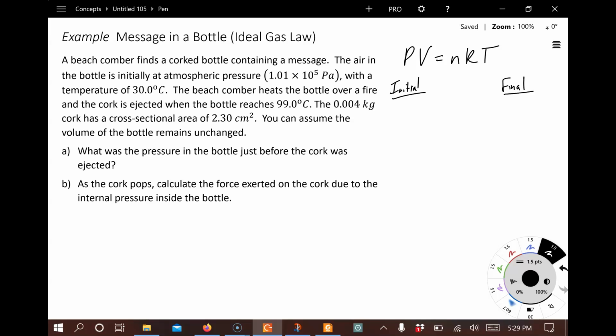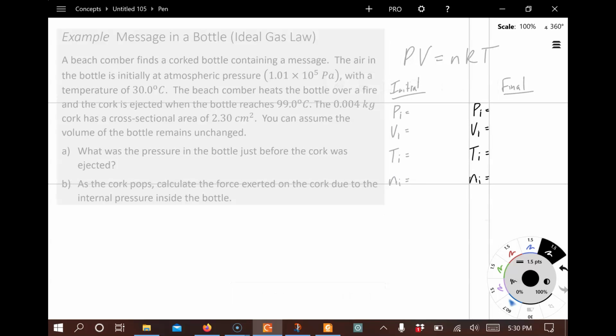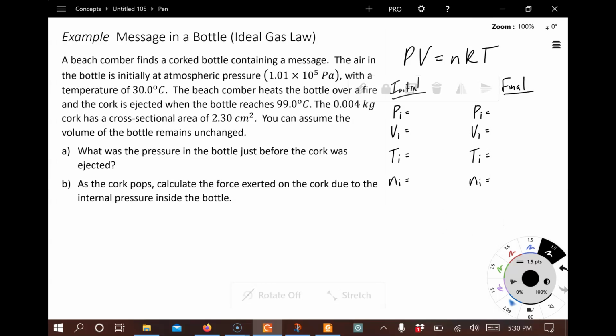We've got the initial pressure, the initial volume, the initial temperature, and the initial number of moles of gas, right? And we've got the same thing here for the final situation. And we want to go ahead and try to figure out what these are.